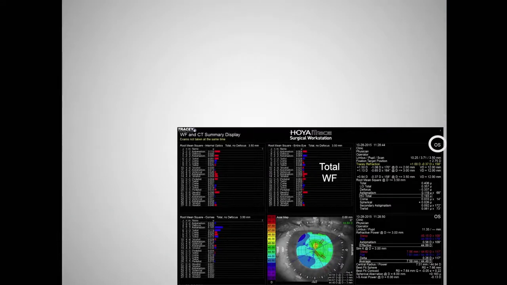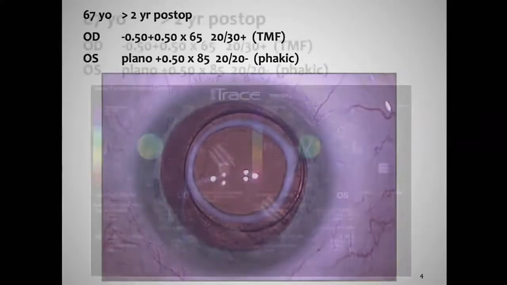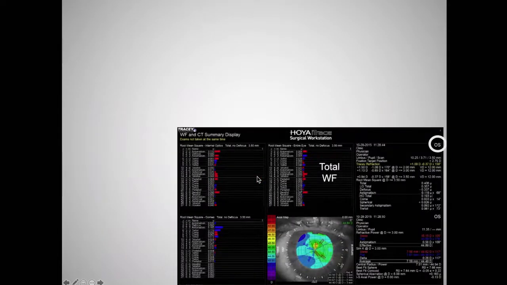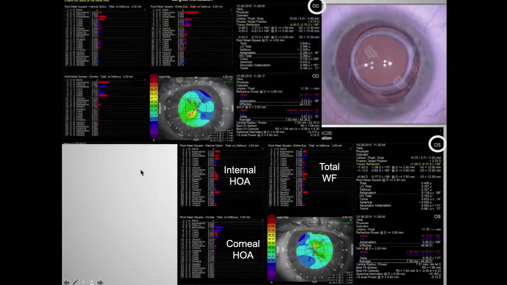Yep. So if we go back to this screen, I don't think I have the DLI screen, but you've pretty much gotten it, Arthur. I think that the difference in the two eyes is really in the cornea. And what is nice, do you guys have any guidance on how much corneal aberrations are acceptable?